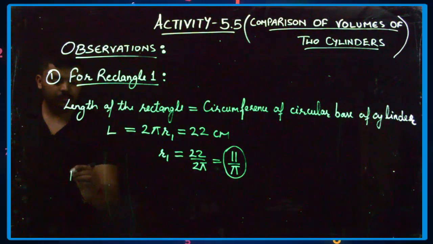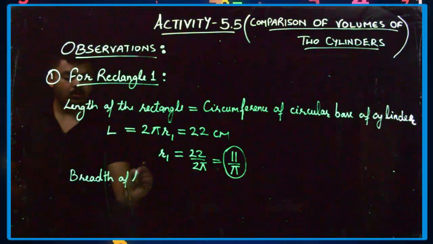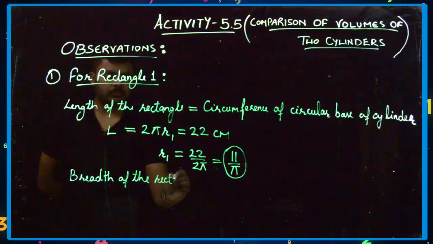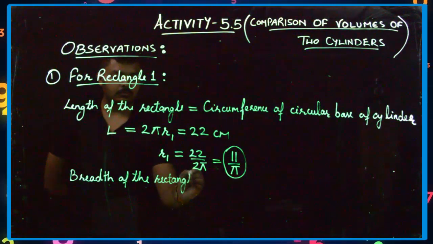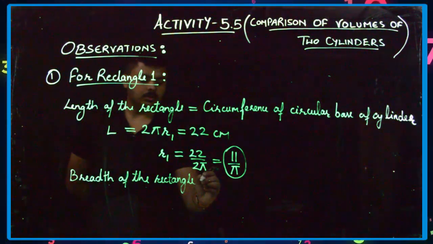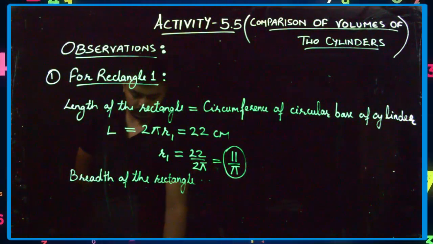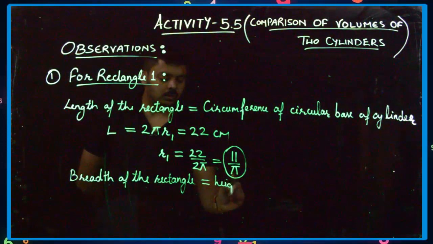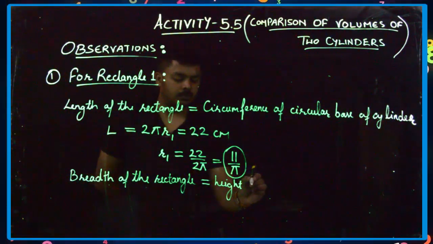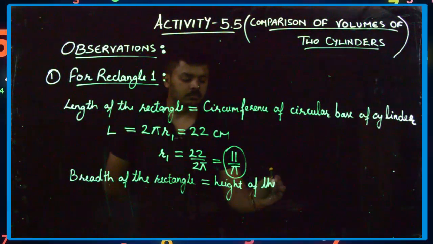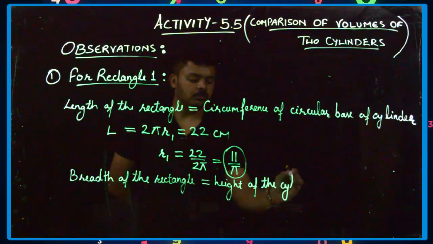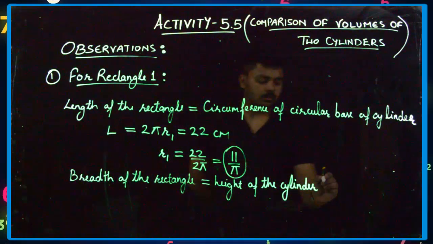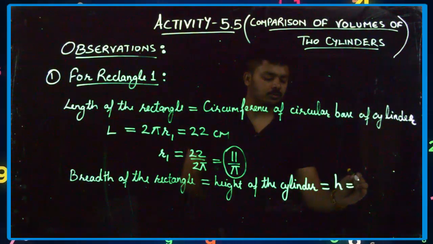Now breadth of the rectangle is equal to height of the cylinder, h equals 10 centimeter.